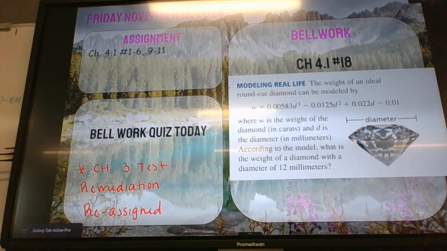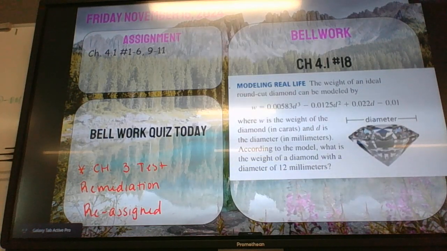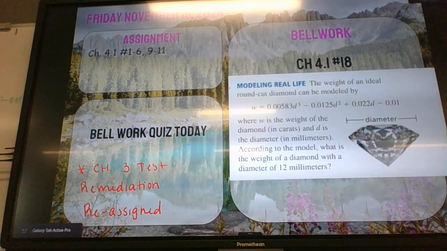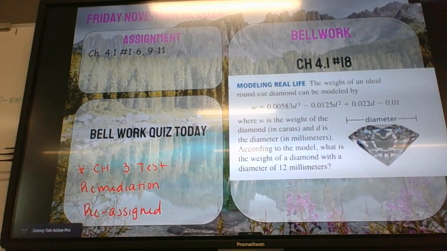I've already done it, so I know the answer, but do you know the answer? Two calculators. Oh, we can just put all that in, right? You can put this whole thing in your calculator and hit enter once.